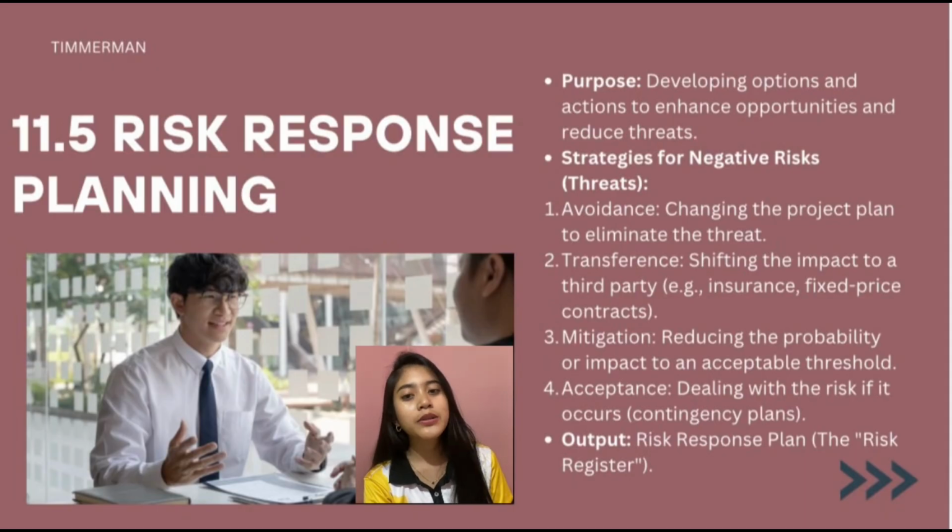So the main output of this process is the risk response plan, which is documented in the risk register. The risk register contains information such as identified risks, their possible impacts, the chosen response strategies, and the assigned responsibilities for the managing team.